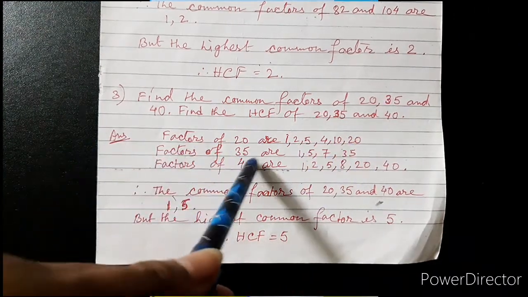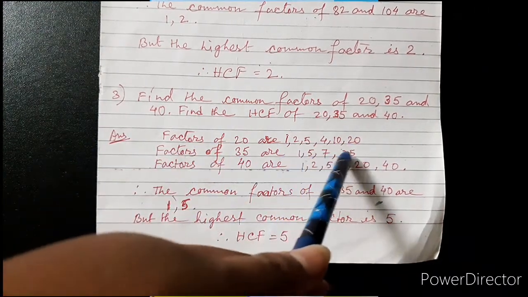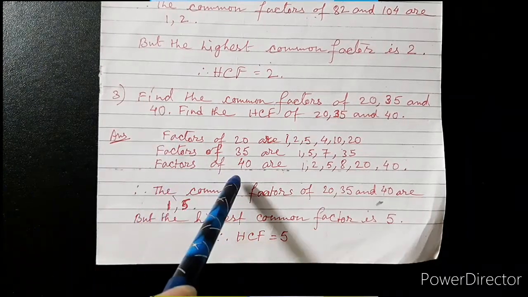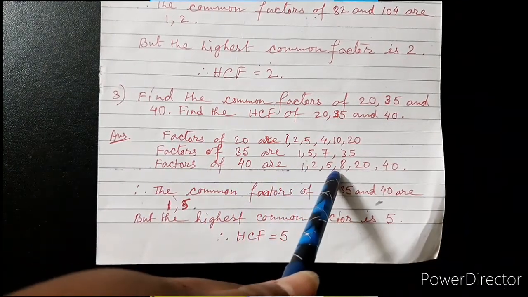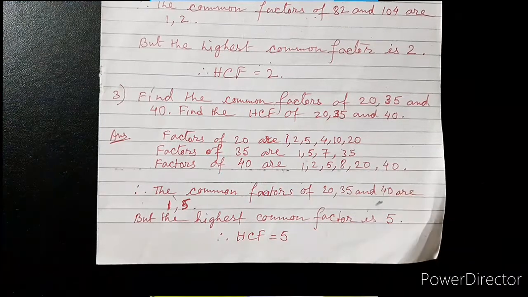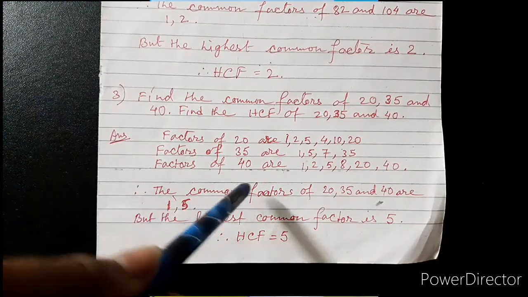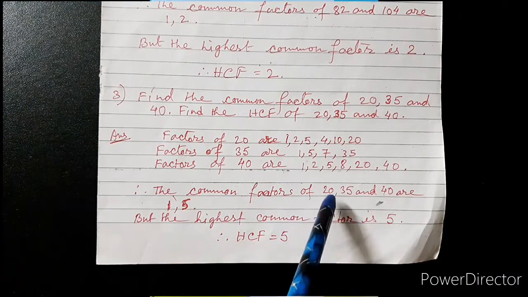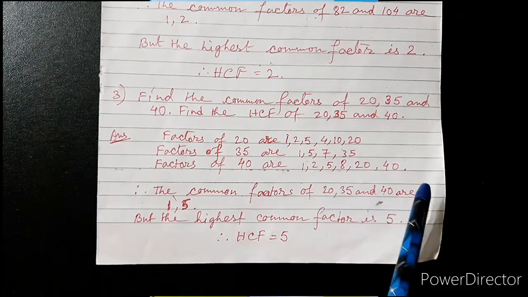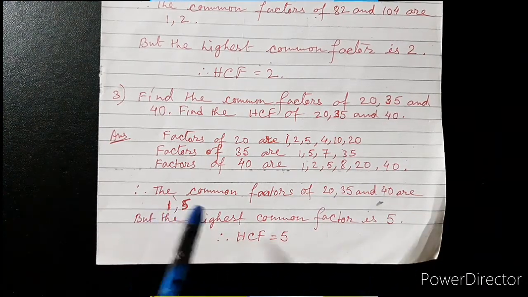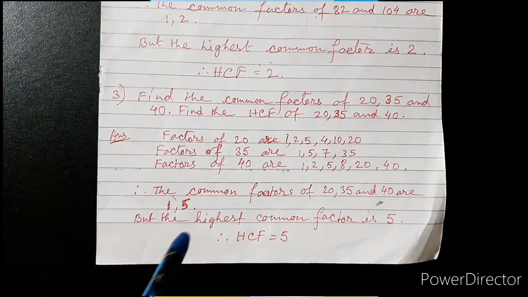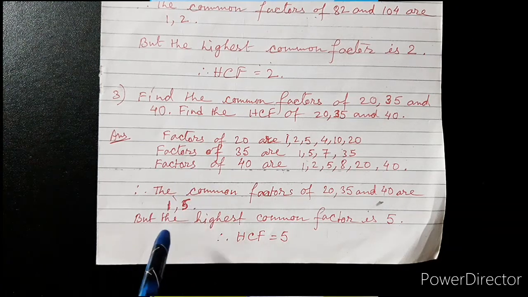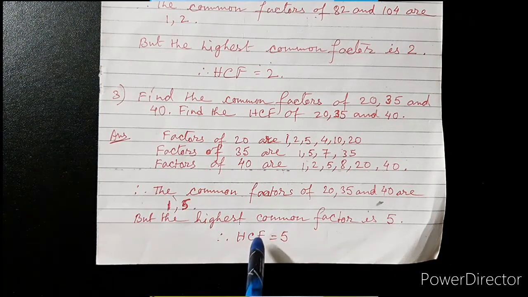The factors of 35 are 1, 5, 7, 35. Factors of 40 are 1, 2, 5, 8, 20 and 40. So, the common factors of 20, 35 and 40 are 1 and 5. But the greatest number is 5. So, HCF is 5.